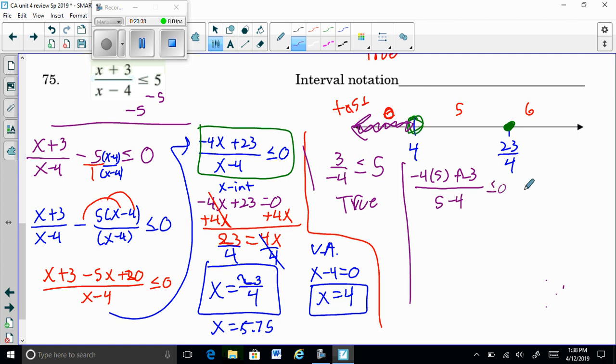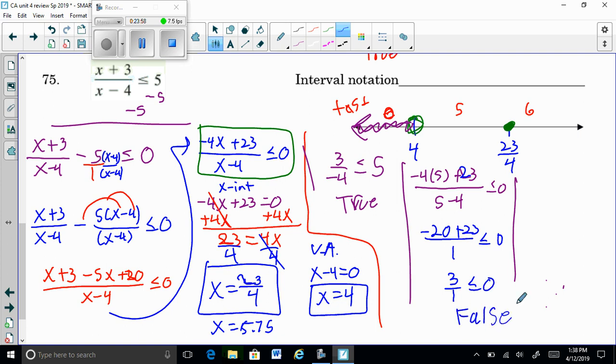Is this less than or equal to 0? I'm going to get negative 20 plus 23 over 1, less than or equal to 0. So I end up getting 3 over 1 less than or equal to 0. That's going to be false. So we don't want to shade that.